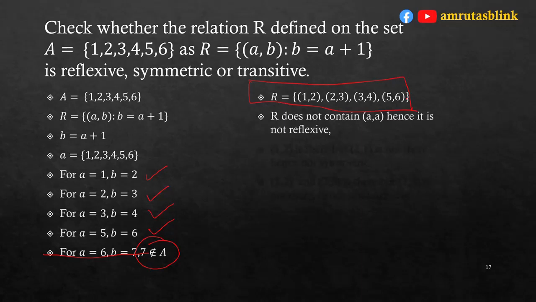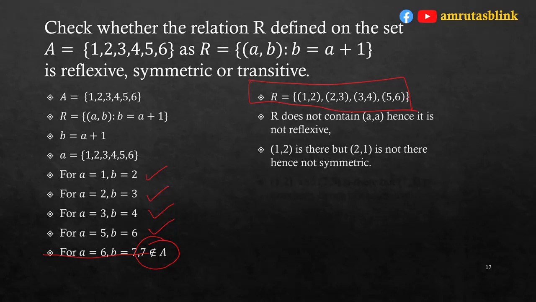Now, in this relation, R does not contain any element which is related to itself. Hence this relation is not reflexive. Now we'll check whether this relation is symmetric. If we consider the first pair (1, 2), then the reverse order will be (2, 1).